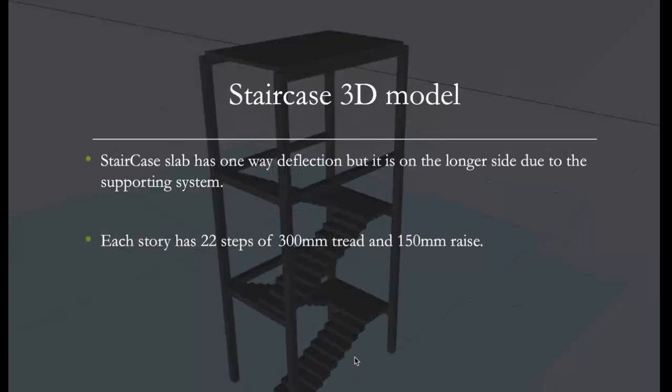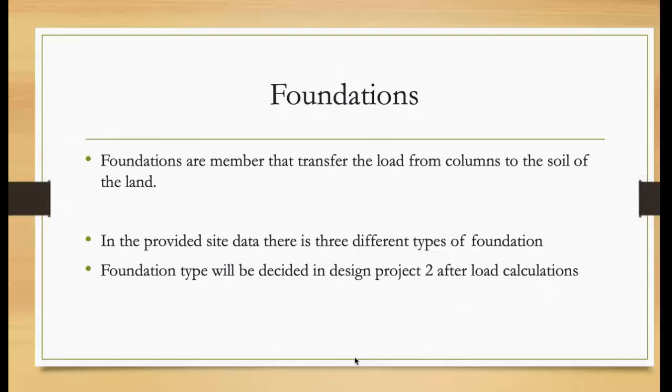Staircase 3D model. The staircase slab has one-way deflection, but it is on the longer side due to the supporting system. Each story has 22 steps of 300 mm tread and 150 mm rise. Foundations are members that transfer the load from a column to the soil of the land.